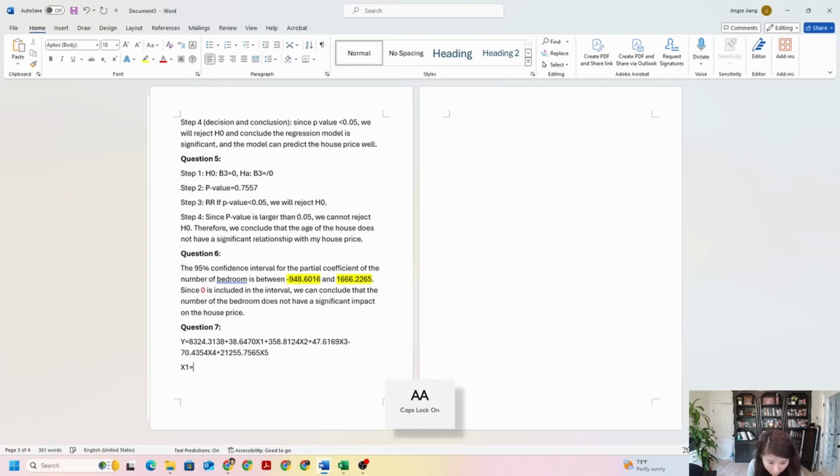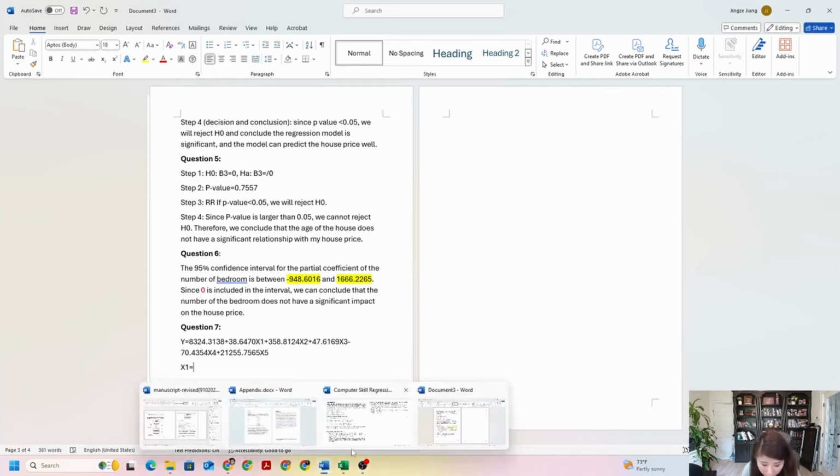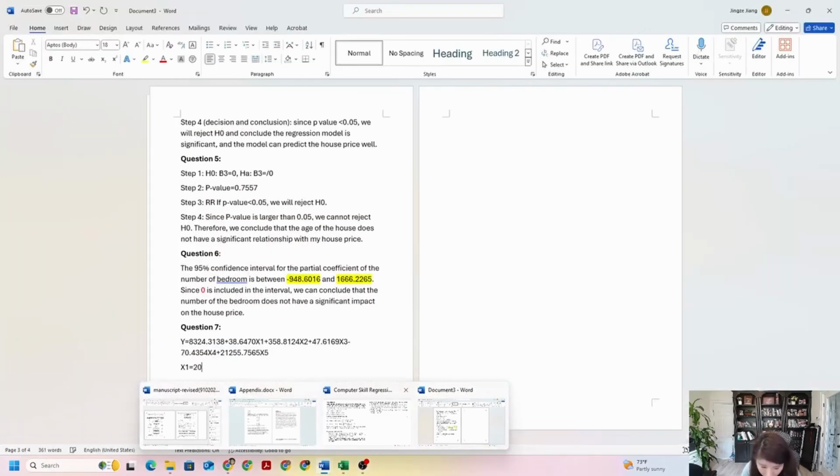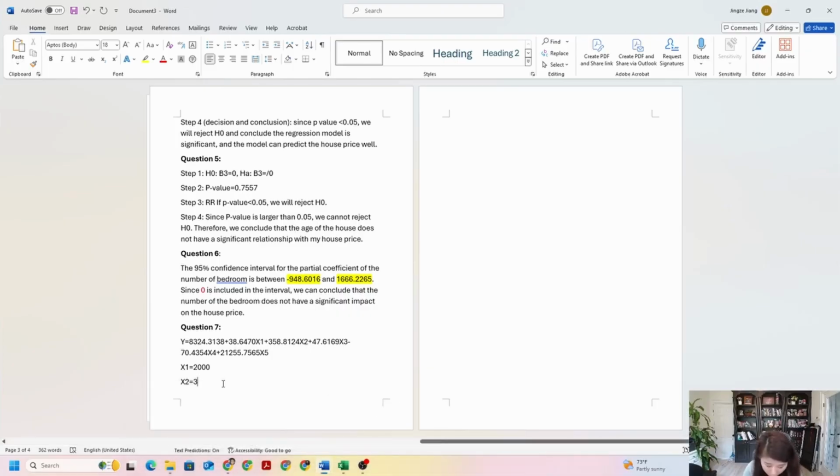After reading my question, I'm able to identify that the value for x1 is equal to 2,000 square feet. The value for x2 is 3 bedrooms, and then x3 equals 10 for 10 years old. And x4, like I said, is not in Erie, it's in Dallas, so x4 equals 0.